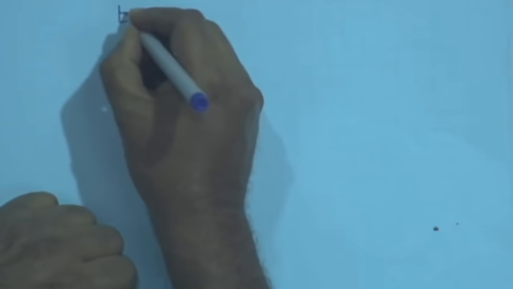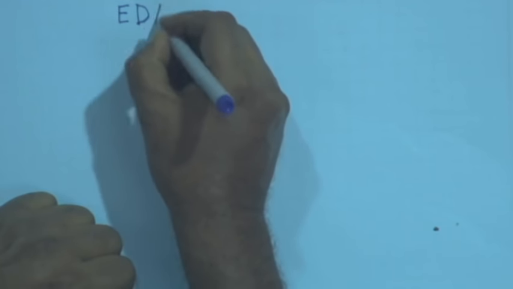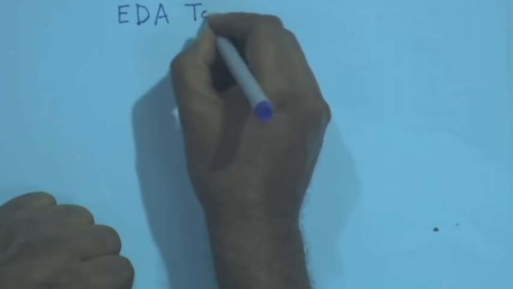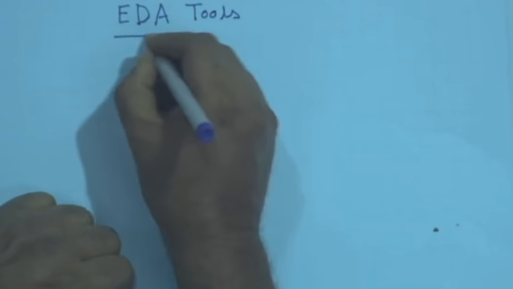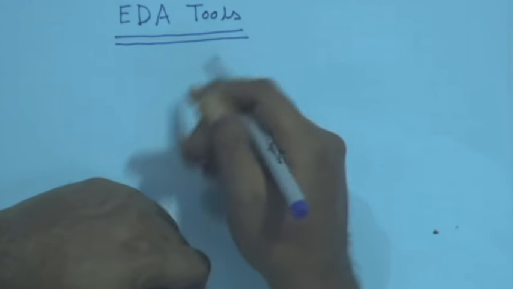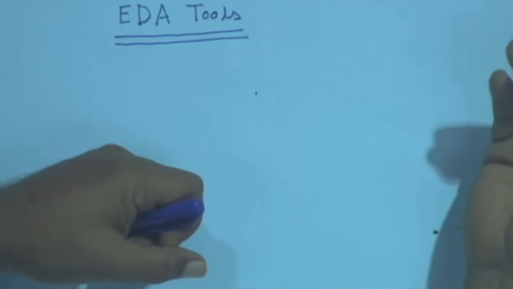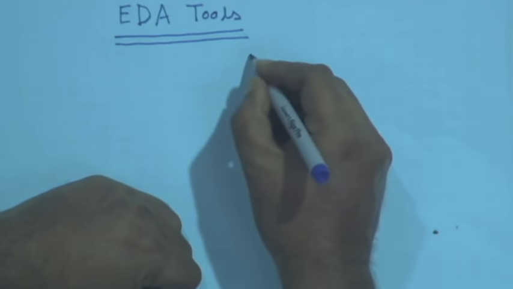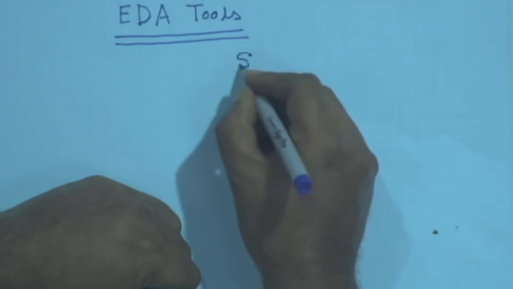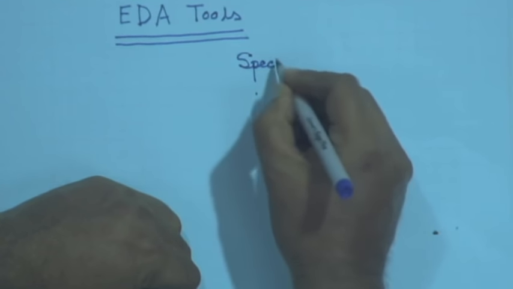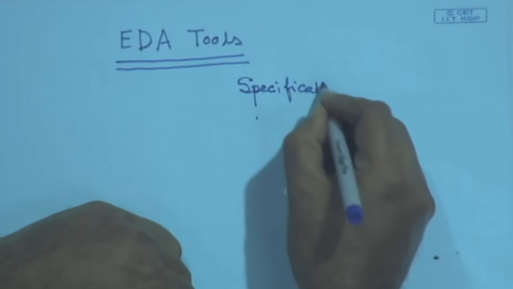Now, there are tools, electronic design automation tools, also known as EDA tools, which allow you to describe the behavior that you want to do using some standard languages, through specification.